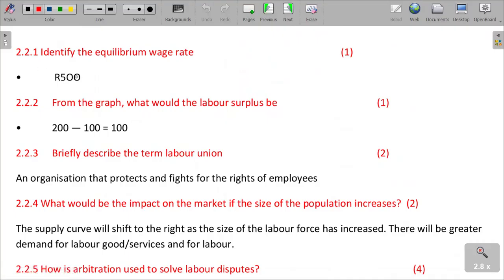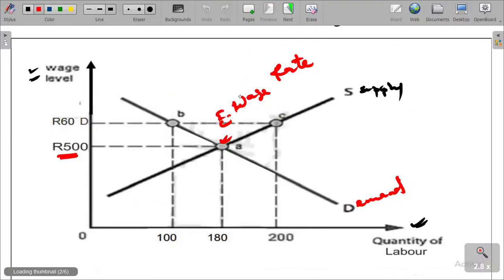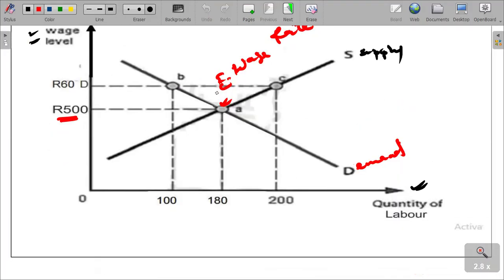And then from the graph, what would be the labor surplus? We are talking about labor excess. So we have our graph given there. It is 200 minus 100, which would give us our labor surplus. Quantity of labor, this is the supply.